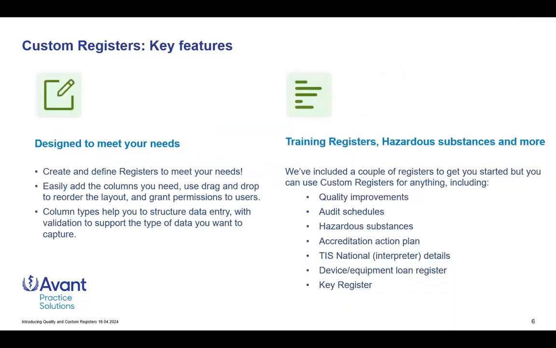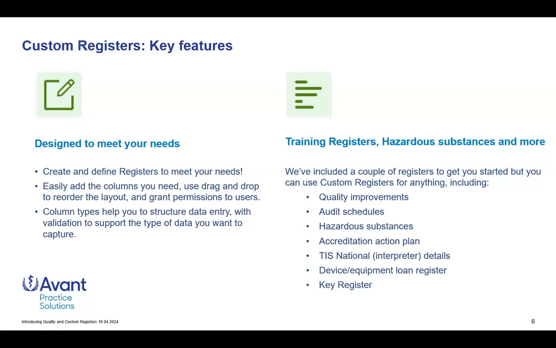So some of the key features that I just touched on: it really is designed to meet your needs. We realised that we were never going to be able to create a register for everything that you needed. And so what we did was come up with the idea that you could create and define registers that meet your needs. By that, I mean you can create the columns you need. You can decide what type of columns you want to have in there.